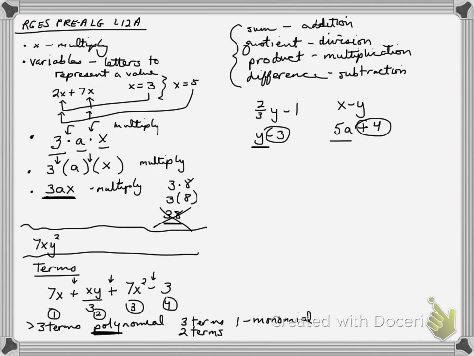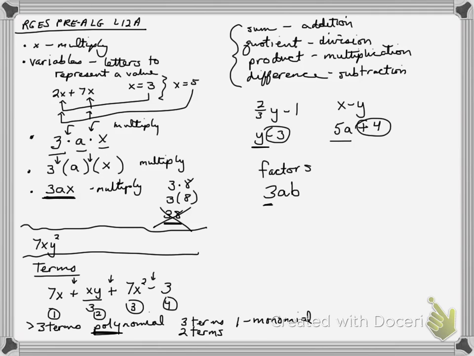Okay, so work on those yourself. When we talk about coefficients, factors are multipliers, right? So if we have 3 numbers multiplied together, let's say 3ab, my 3 factors are 3, a, and b.